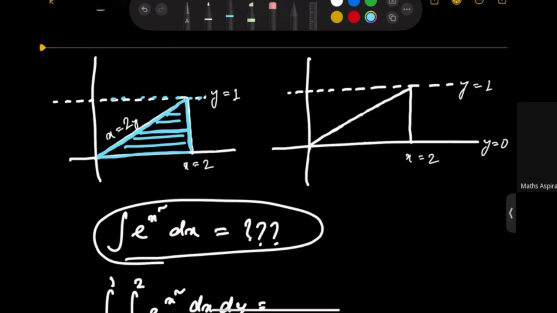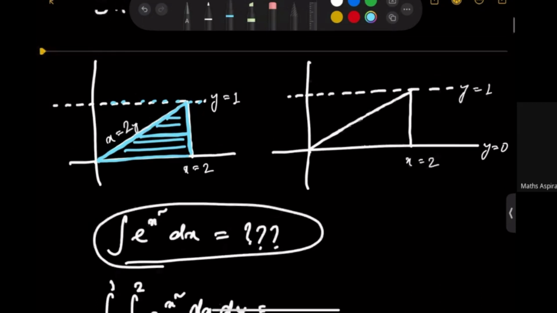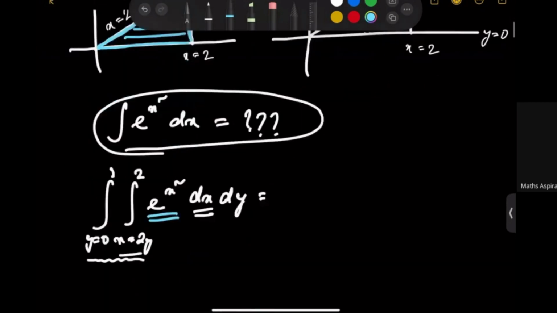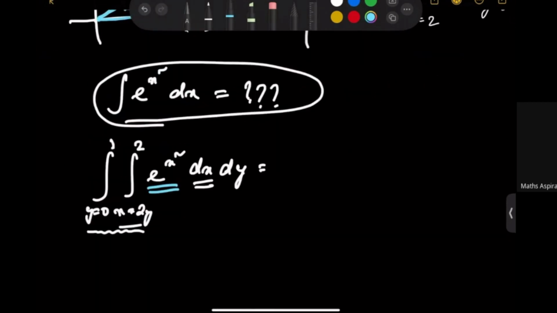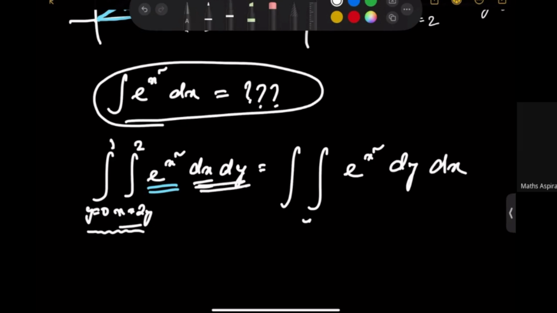So we want to change the order of this integration. How do we do that? Changing the order simply means we want to integrate with respect to y first, because it was dx dy. We just have to change the order. It will be dy dx, the limits of y and then limits of x.